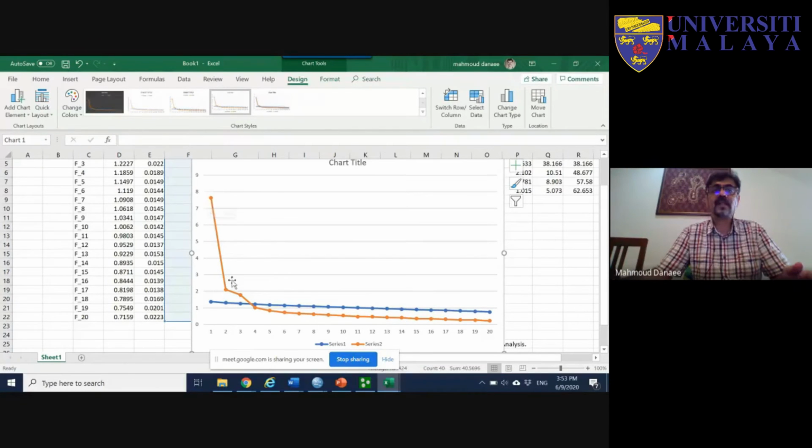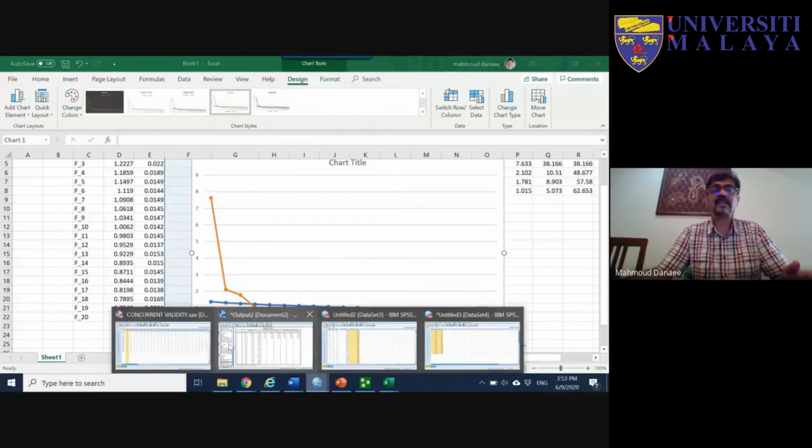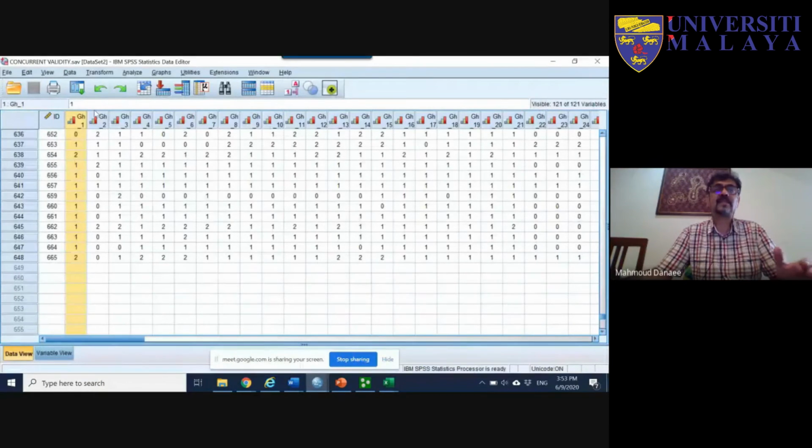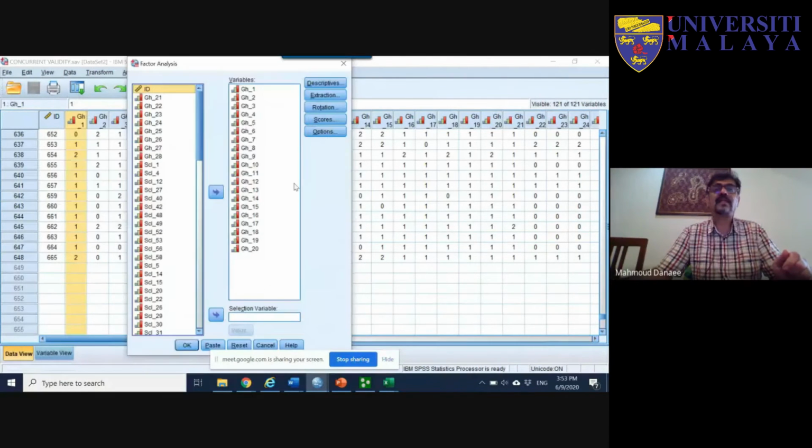As long as the component is above the blue line, you can keep it. So now we have 1, 2, 3 components, but the fourth component is below the blue line. So the recommended number of components for these items is 3 components. Then I need to go back to the factor analysis.